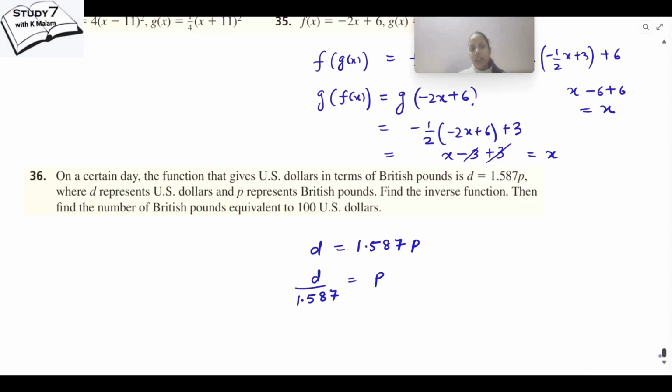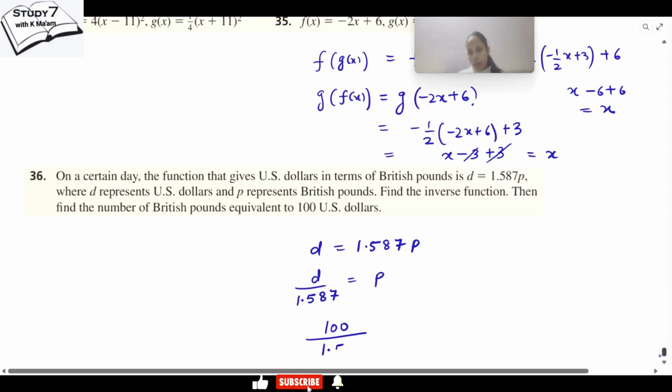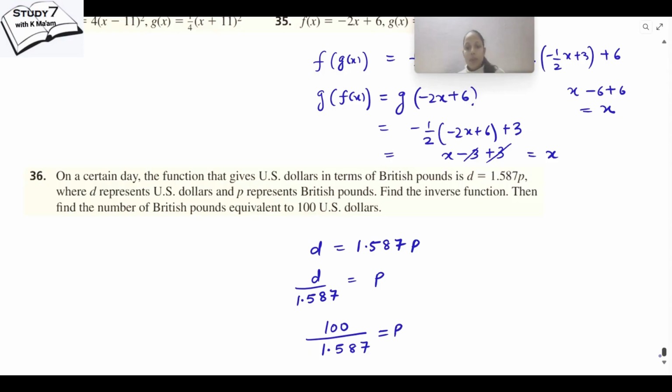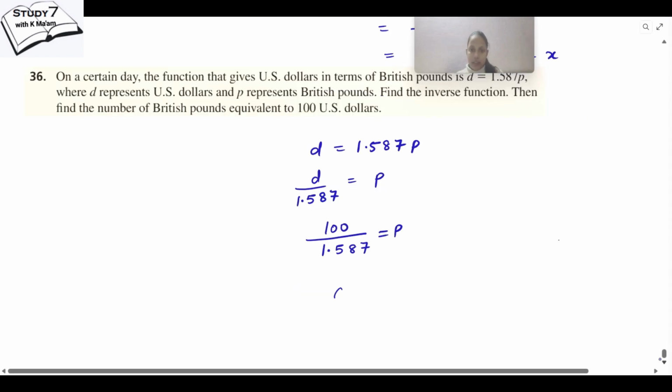Then it says find the number of British pounds, find P, which is equal to 100 US dollars. When D is 100, so 100 over 1.587. Calculate what you will get. You will get approximately 62.001. Approximately 62 pounds. P is approximately 62 pounds.